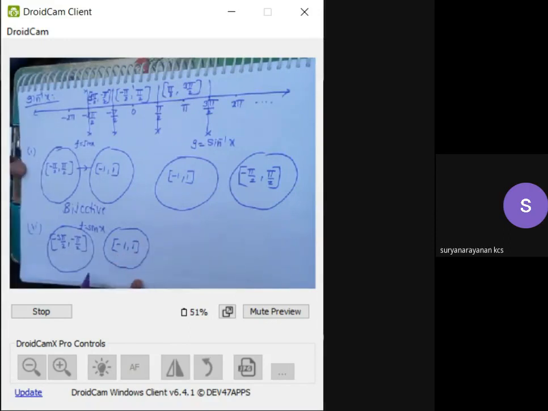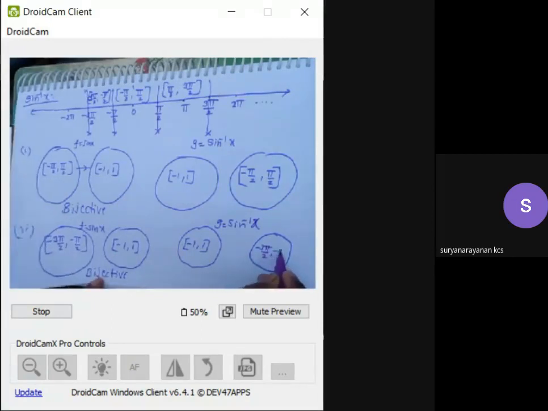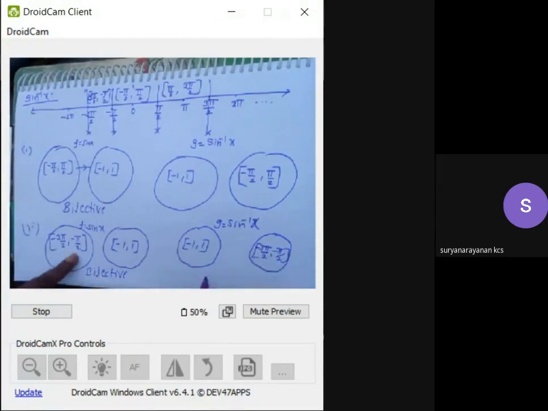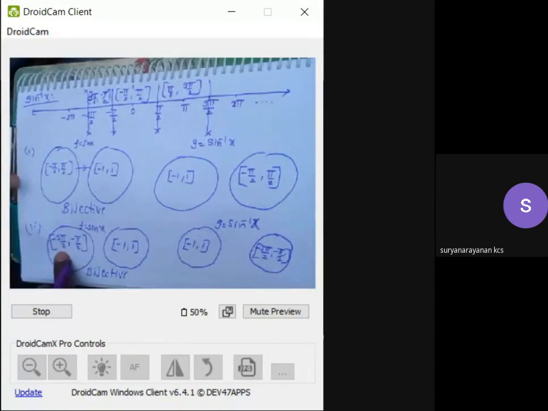Then for its inverse, this range becomes the domain and its domain becomes the range. In this case also it is bijective, so we can find its inverse, sine inverse x.